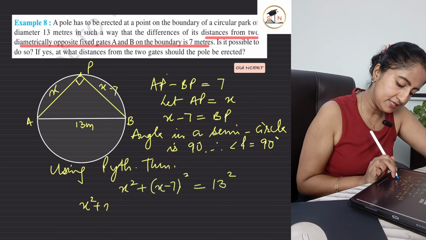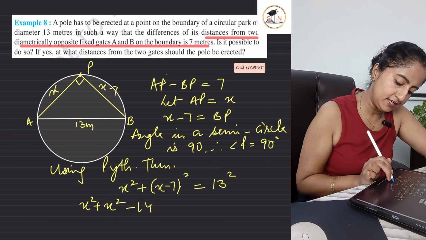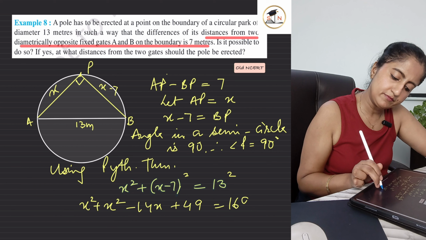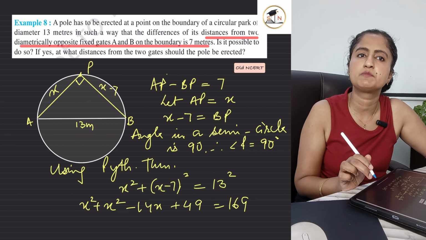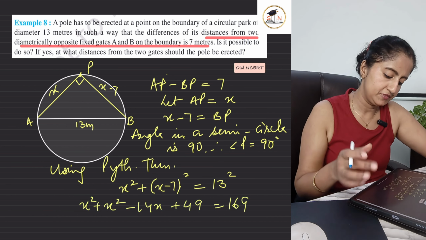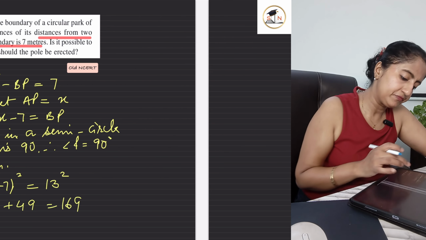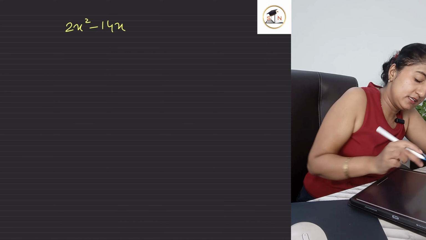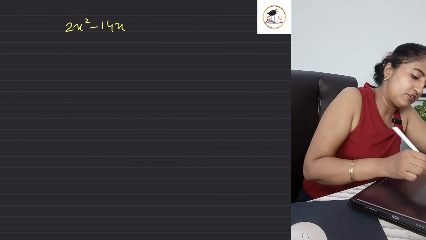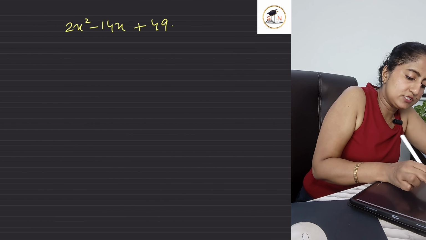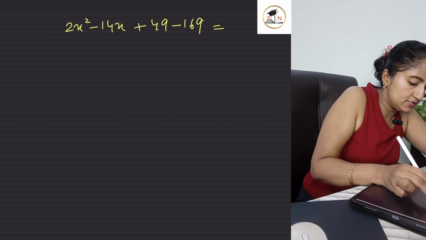x square plus x square minus 14x plus 49 equals 169. I applied the identity of a minus b whole square and expanded. Now collecting all the terms gives us 2x square minus 14x, it was plus 49 minus 169 equals 0.